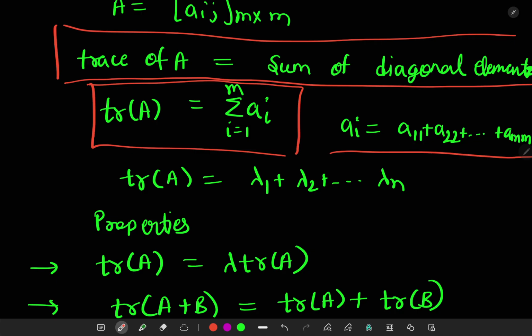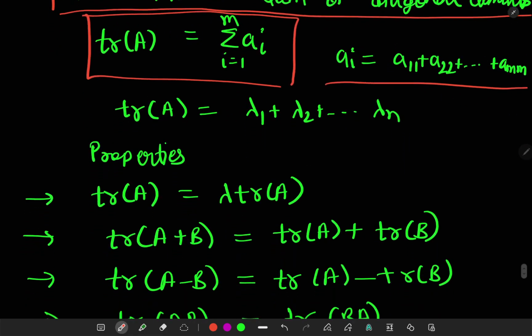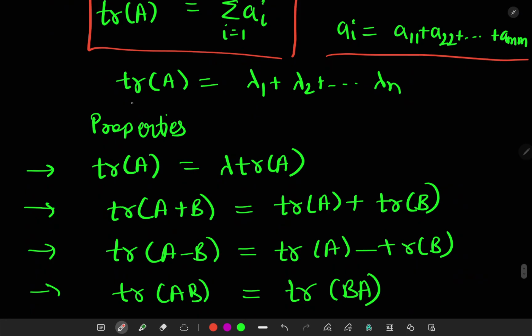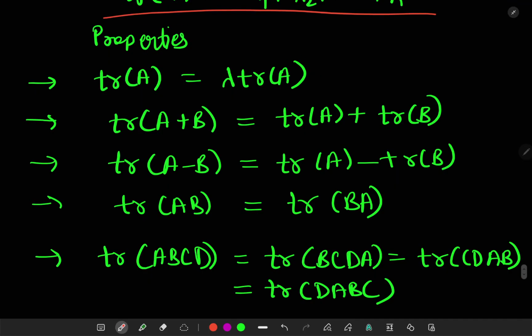These are the diagonal elements of the matrix. Trace of a matrix we can also write as the sum of the eigenvalues. These are important properties of the trace of a matrix.